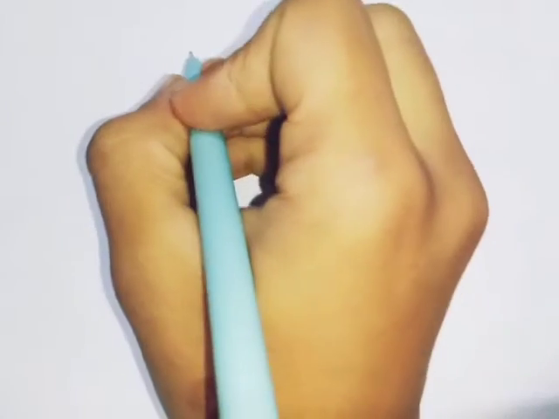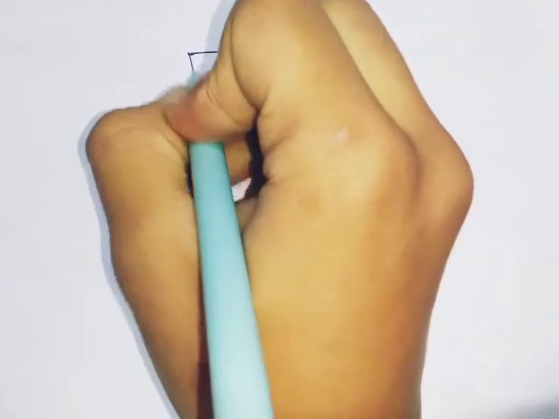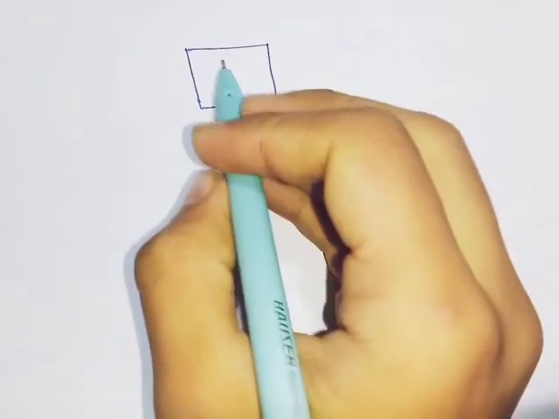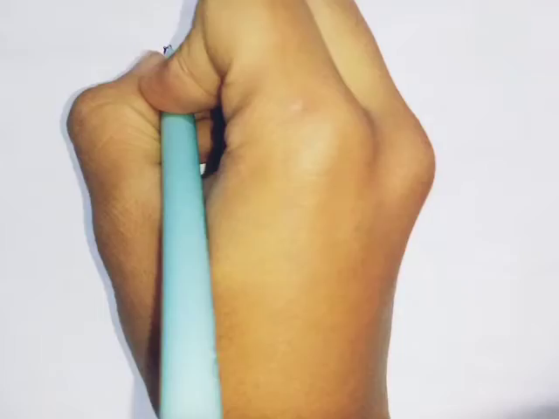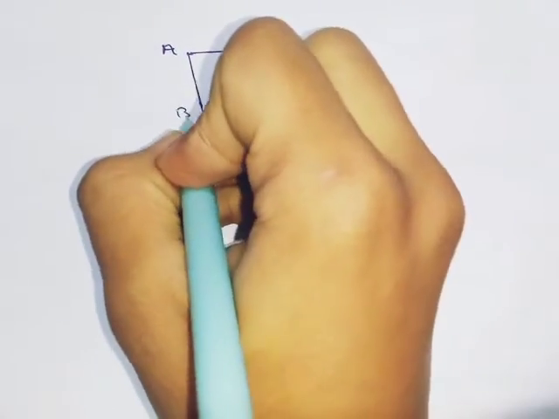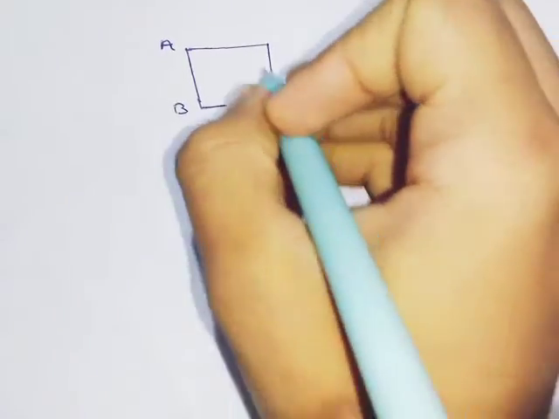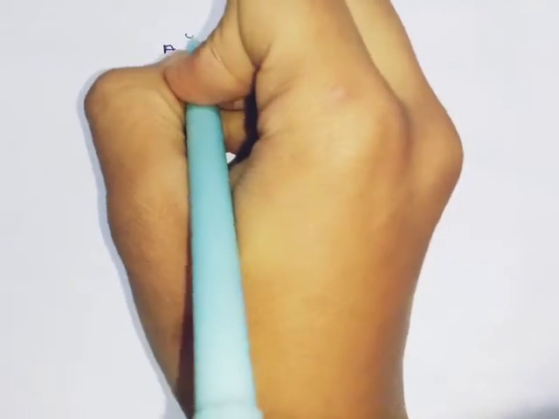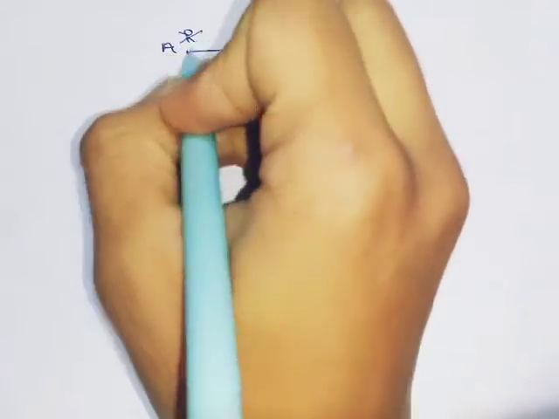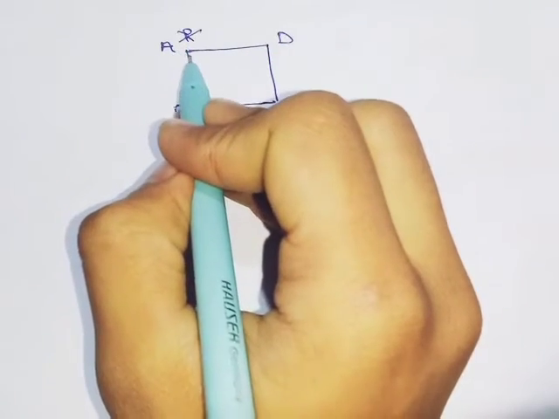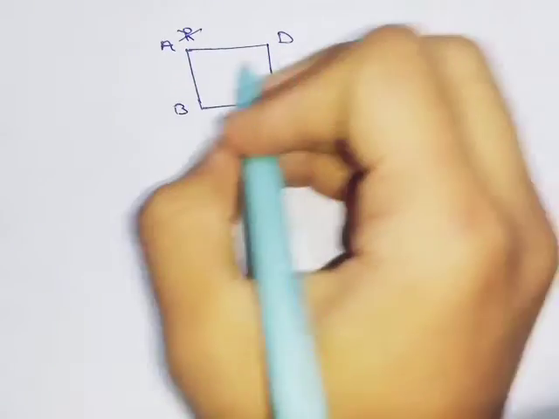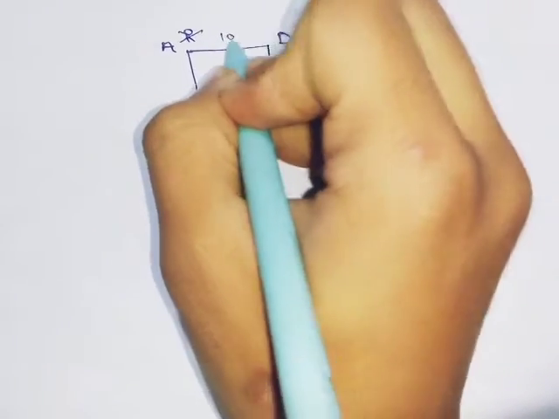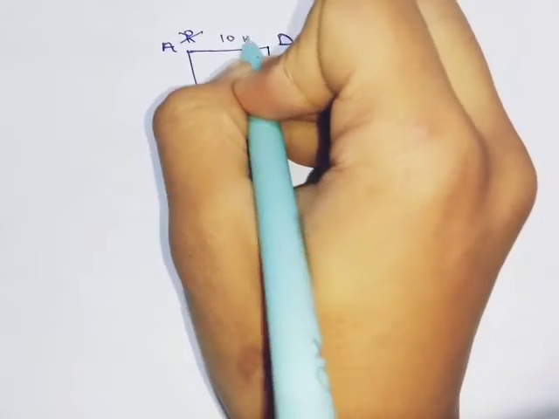Suppose this is a square field, and this is point A, this is point B, this is point C, and this is point D. Assume that this is me. I am now at point A. The side of this square field is 10 meter.